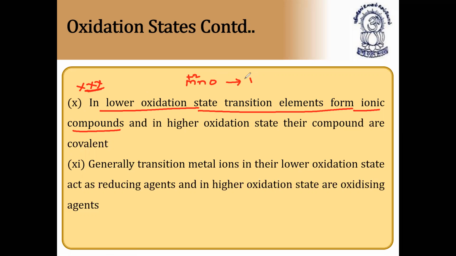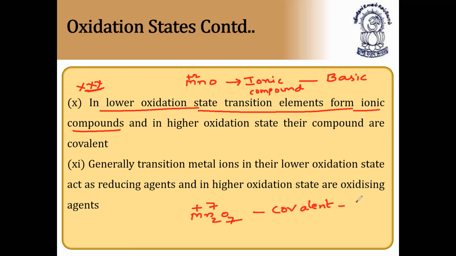It is ionic in nature, an ionic compound, and moreover, it is basic in nature, because metallic oxides are basic. Whereas if you take Mn2O7, dimanganese heptoxide, the oxidation state of manganese is +7. It is mostly covalent in nature, and moreover, it is acidic in nature.